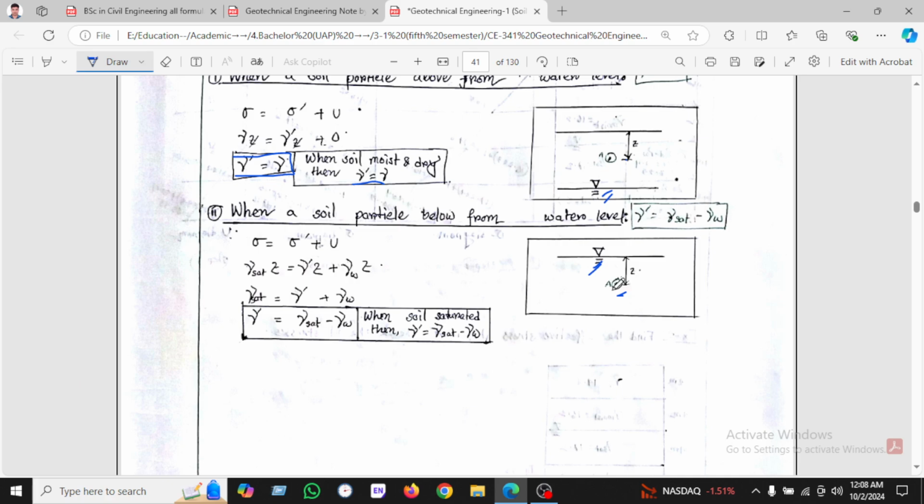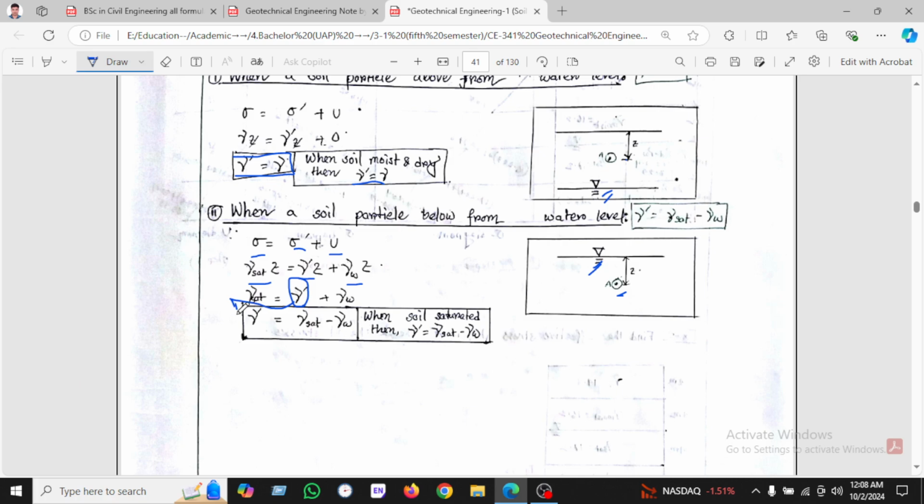this location. We know the total stress is gamma saturated into z, sigma prime equals gamma prime z, and u equals the unit weight of water into z. In this way, gamma prime equals gamma saturated minus the unit weight of water. So if gamma prime is taken on the left side, we find gamma prime equals gamma saturated minus the unit weight of water.